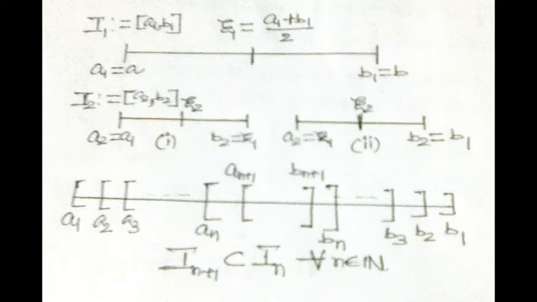This is subcase 1, because according to the sign of f of xi1, we will choose the first subinterval or the second subinterval. If f of xi1 is positive, we will choose the first subinterval, so that a2 will be a1 and b2 will be xi1. But in the case of negative, we will choose the next subportion. In that case, a2 will be xi1 and b2 will be simply the previous b1.